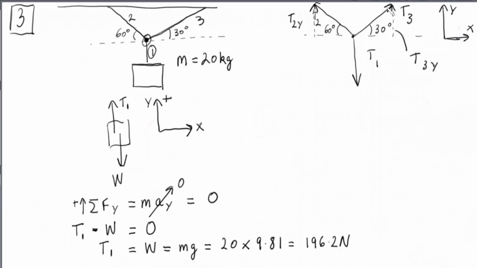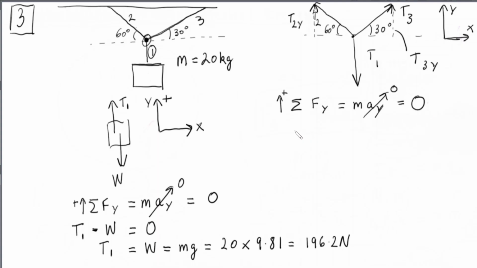So we can resolve these components in the y direction, but I'll just write out all the expressions first rather. So we've got the sum of all the forces in the y direction, where up is positive, is equal to m times ay, and obviously we're in equilibrium, so ay is 0, which means the sum of the forces in the y direction is 0.